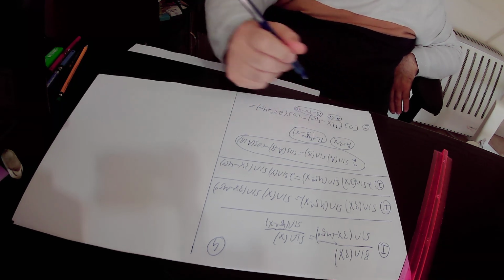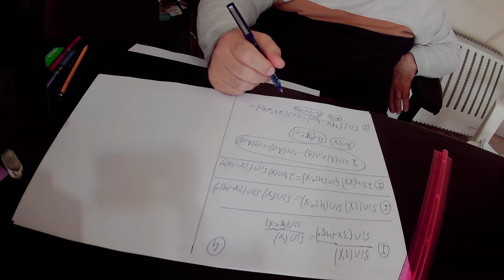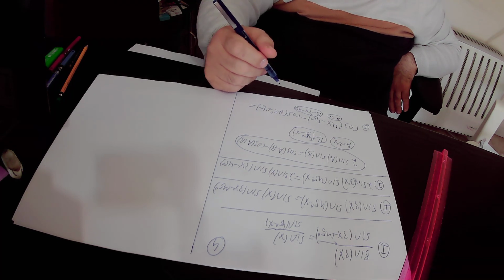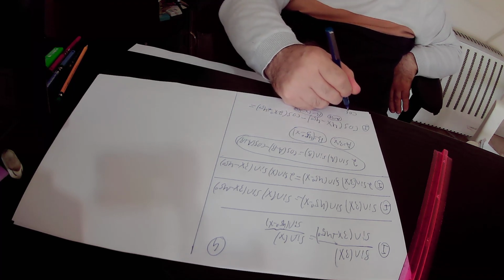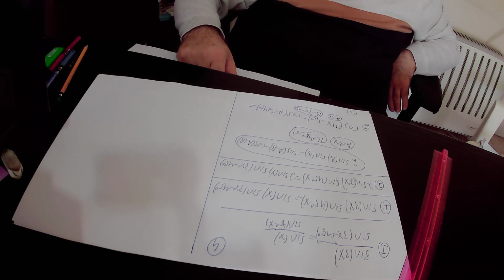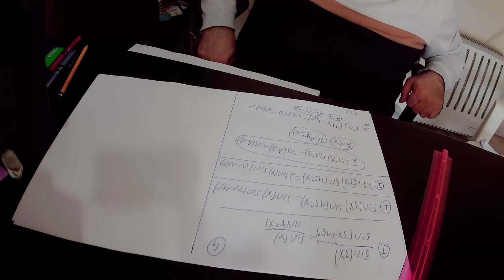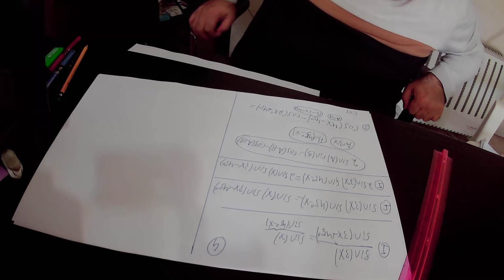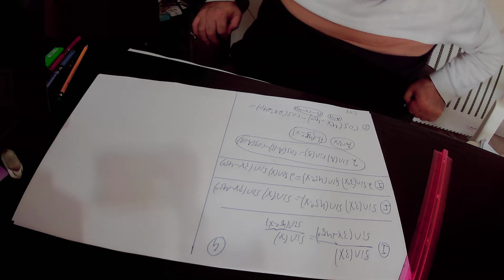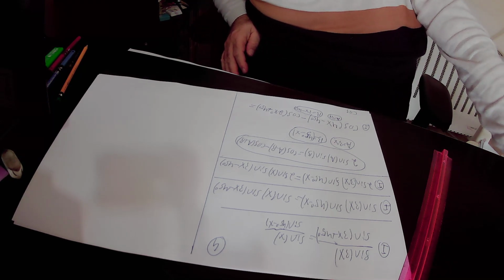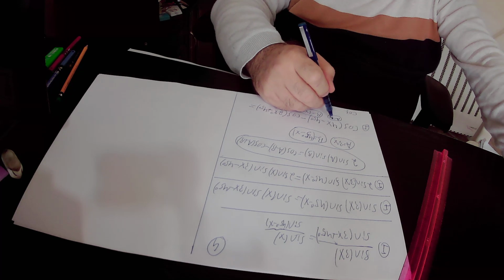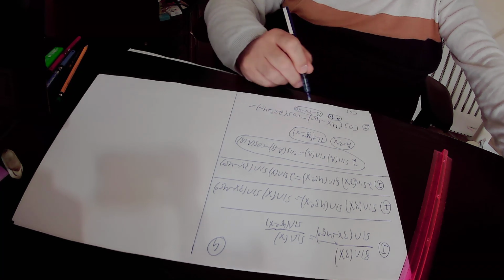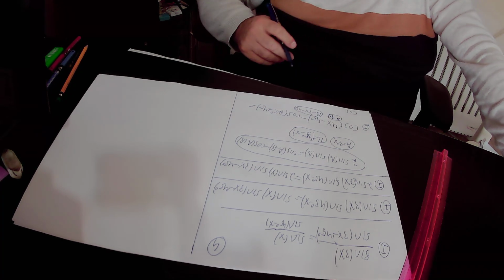So it is cosine, a is x and b is 3x minus 45 degrees.